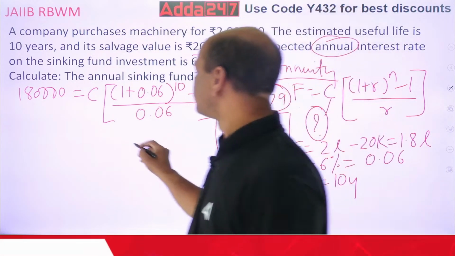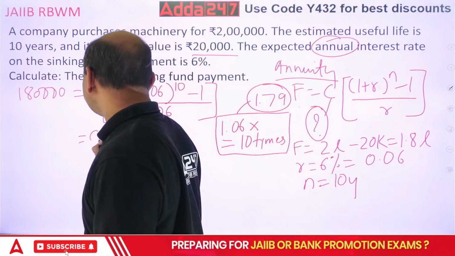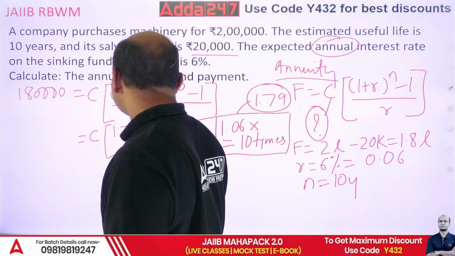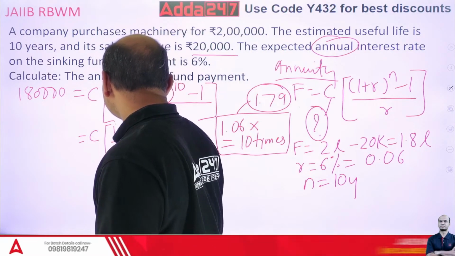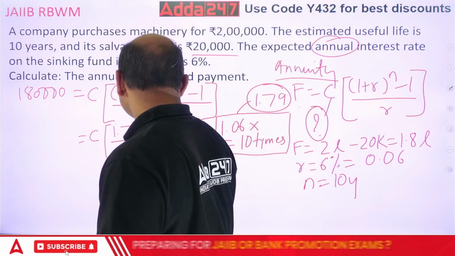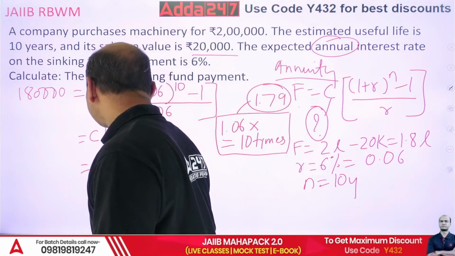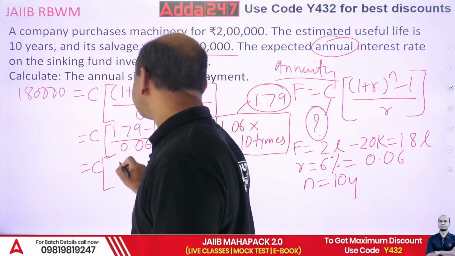Now use this. So C into 1.79 minus 1 divided by 0.06. So that is equal to C into 0.79 upon 0.06. Now do this fast.